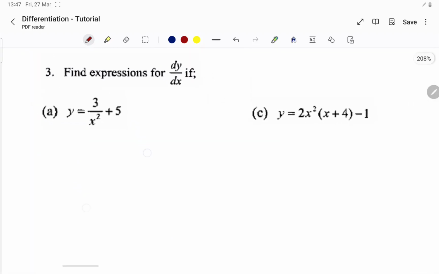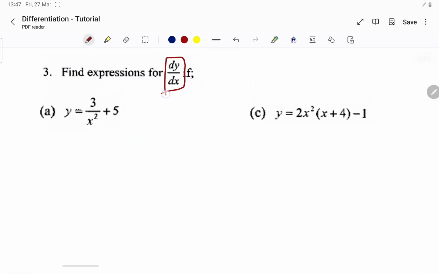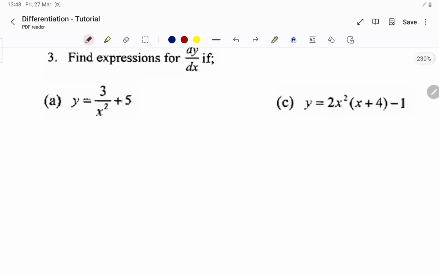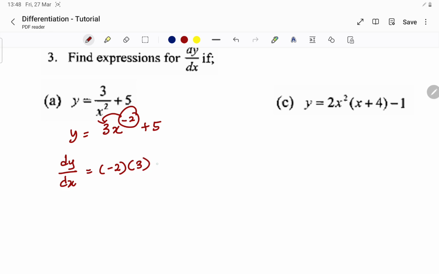Also the same, they ask us to find the expression for dy/dx, so we have to differentiate. Okay, we have y here. If you see our y, we have a fraction, so change this first: 3x to the power of negative 2 plus 5. Then we differentiate dy/dx. So you bring negative 2 in front, you're going to get negative 2, and then you copy 3x to the power of negative 2, but minus 1 from the power.